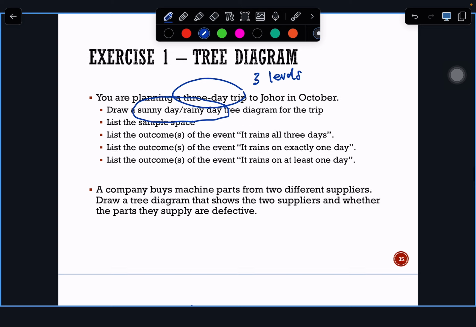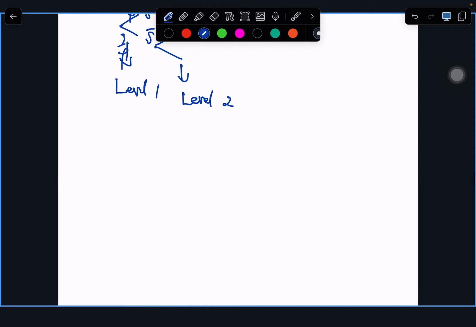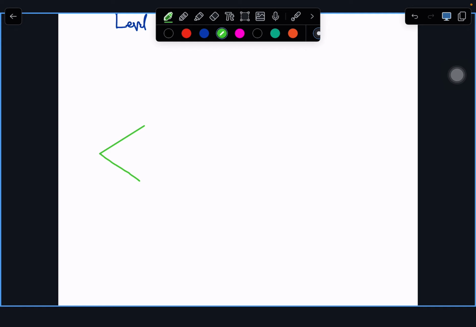Okay, so for this tree diagram, we have this one, and we do have this one. This one is level 1, day 1.